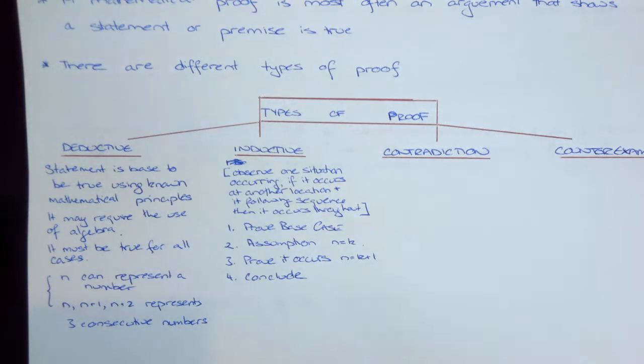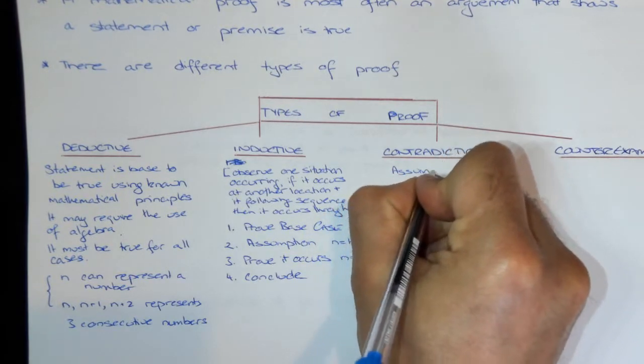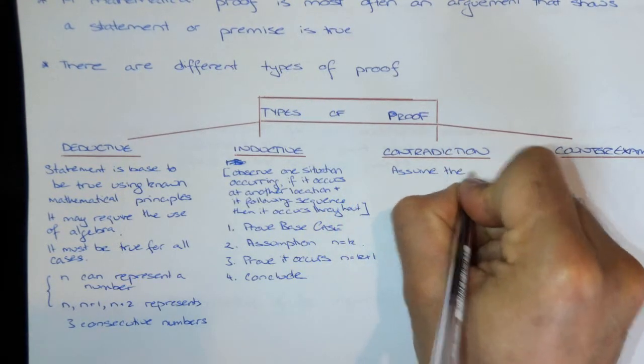Contradiction. So proof by contradiction is where we assume the direct opposite of the statement.